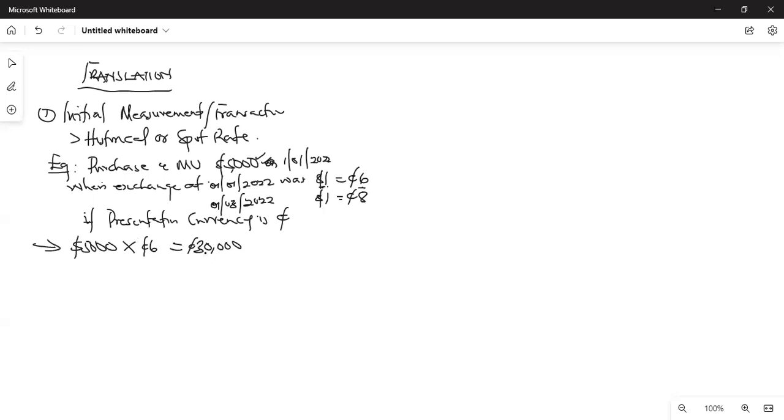So it is this that will show up in your financial statement. Okay, so you have to convert the dollar into cedis at the prevailing exchange rate or historical or the spot rate. All right. So that is that.